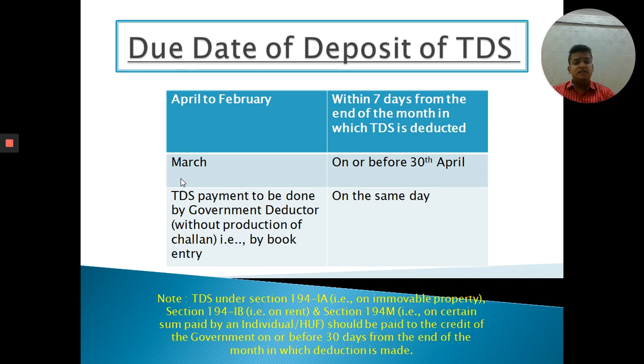That is, as we read earlier, for 194IA, 194IB and 194M we don't need to apply for TAN. In the same case, the amount to be deposited to the government depository is not as per the normal TDS norms. It is within 30 days from the end of the month in which the TDS is deducted.